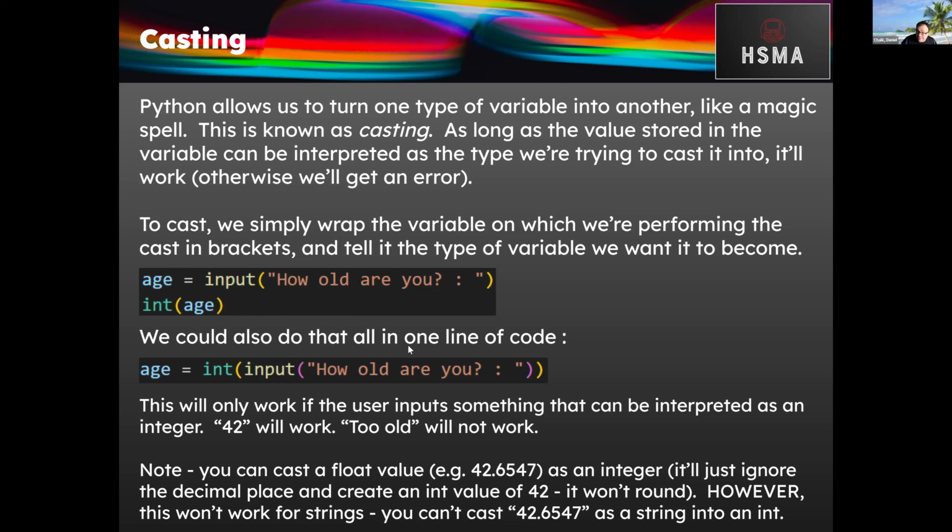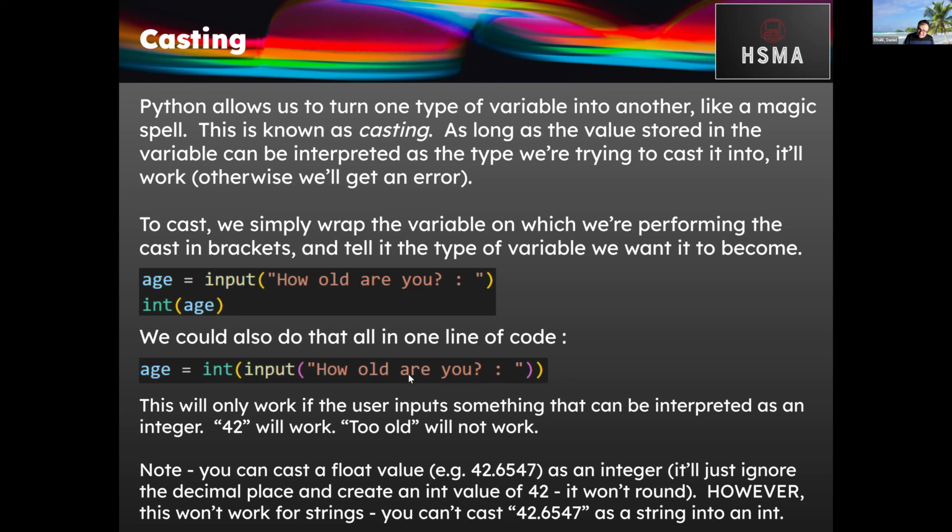And you can actually do all of that in one line of code, which is realistically how you'll tend to do it for something like this. We can wrap an integer cast around that input statement, and Python will read from the inside out. So it'll say, okay, I need to call the input function to get an input from the user.